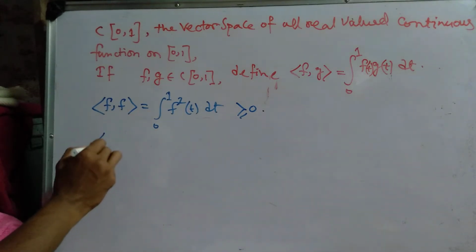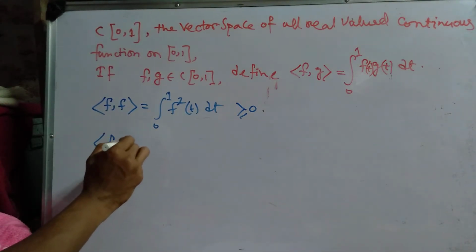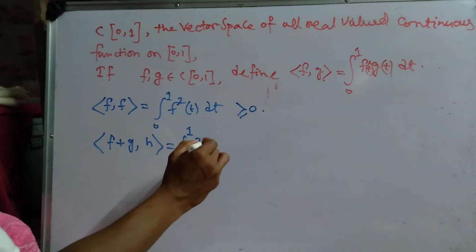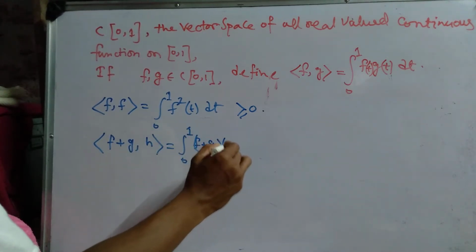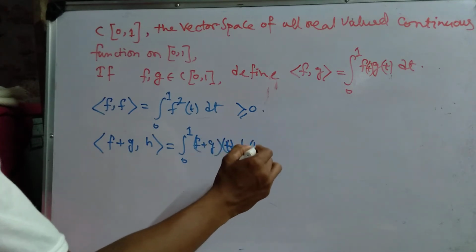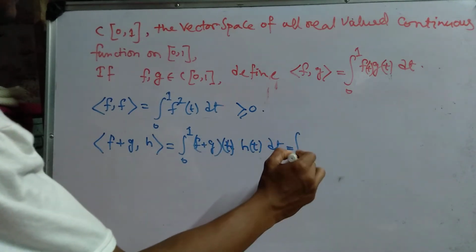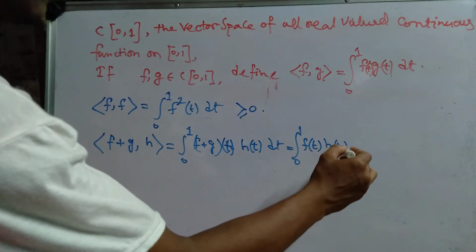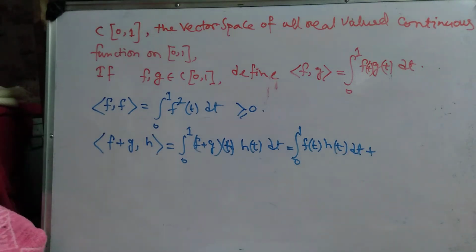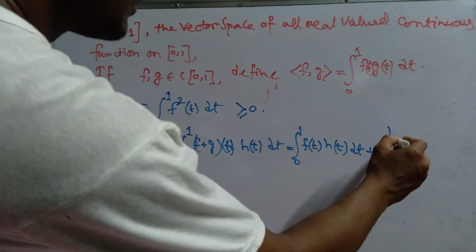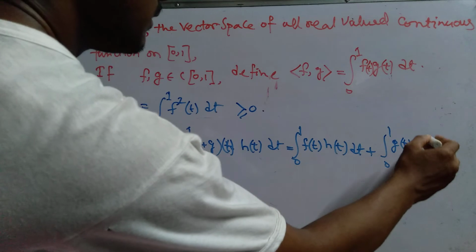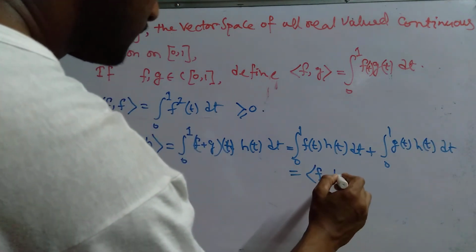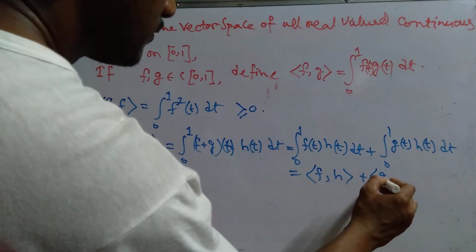And obviously <f+g,h> is equal to the integration from 0 to 1 of (f+g)(t) h(t) dt, equal to the integral from 0 to 1 of f(t) h(t) dt plus the integral from 0 to 1 of g(t) h(t) dt. This one equals <f,h>, this one equals <g,h>.